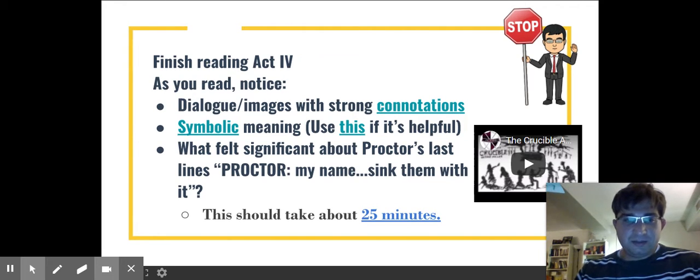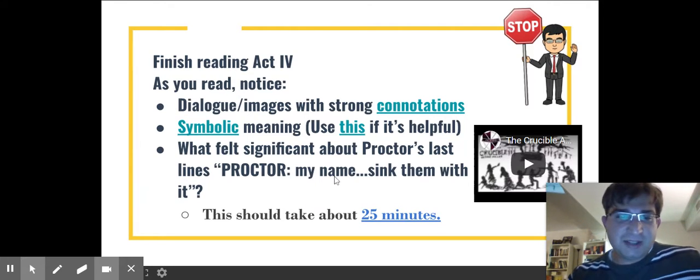You should also notice what's significant about Proctor's last lines, "my name." You'll see it. Proctor's name, and indeed all of our names, represents, or one interpretation is that it represents, reputation.